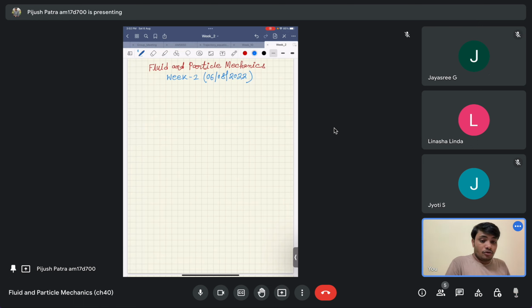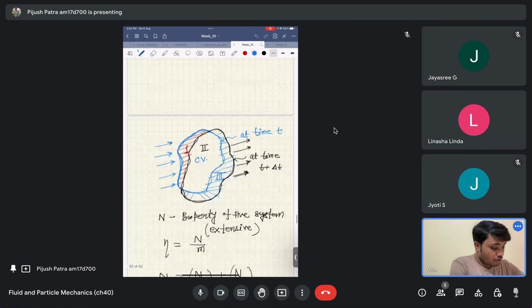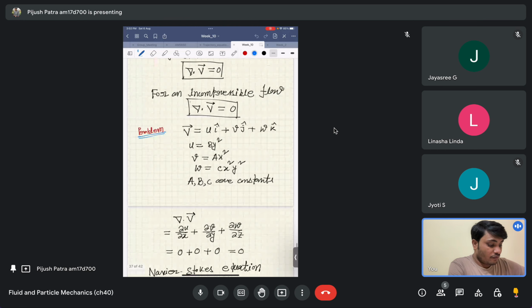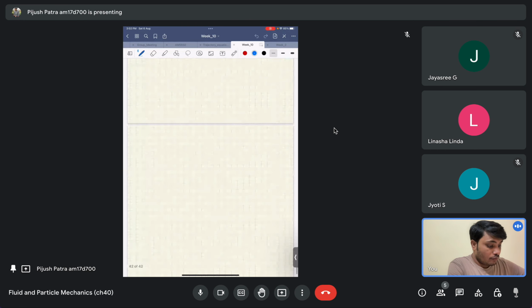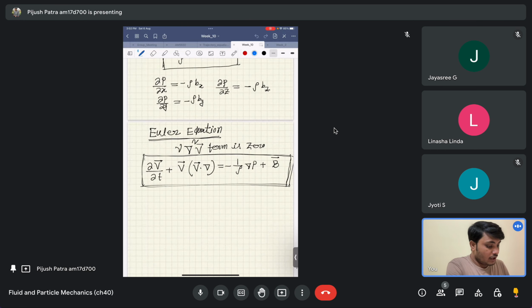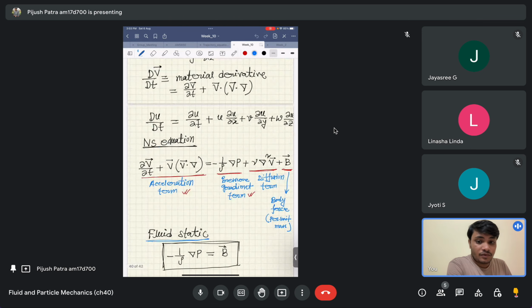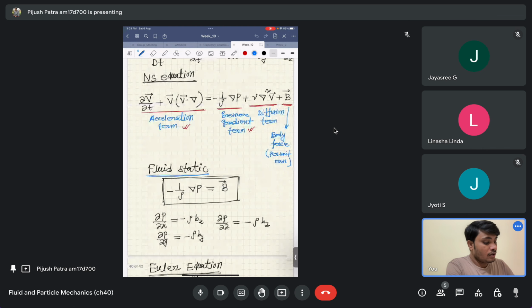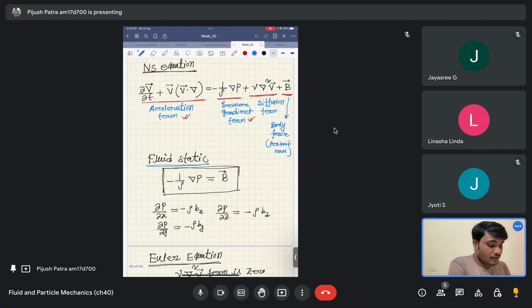Okay, so in the last week, towards the end, we talked about the differential form for the motion of fluid flow, that is the Navier-Stokes equation, and then from the Navier-Stokes equations we discussed the different forms of the Navier-Stokes equation, like for the fluid static, what will be the equation.